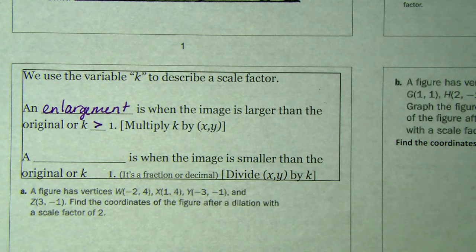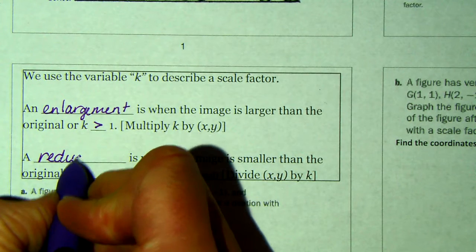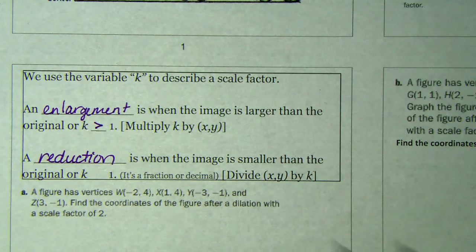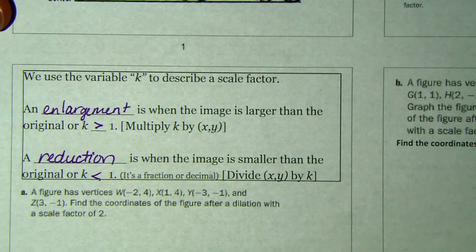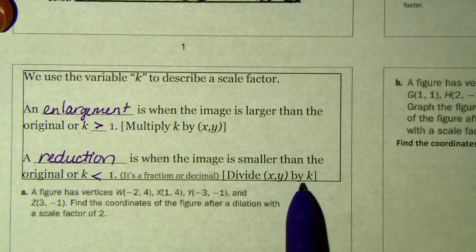A reduction is when the image is smaller than the original, so K is less than 1, but obviously it still has to be positive because we don't deal with negatives in dilations. It says divide each of your coordinates by K, but realistically, K is just a fraction, and we'll talk about that.